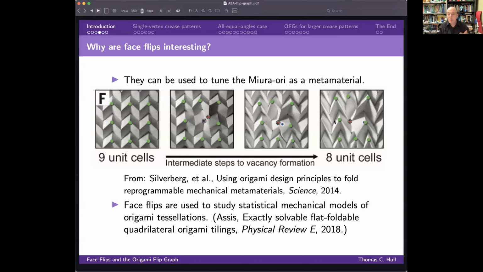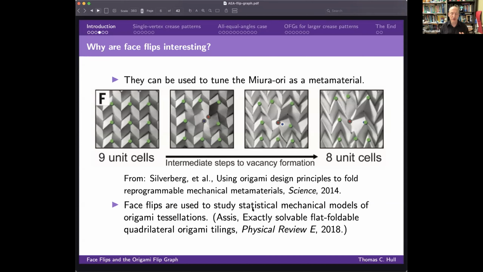So that's one way in which face flips can be used to directly change the mechanical behavior of an origami model. But also there was a paper in 2018 by Michael Assis that uses face flips to study the statistical mechanics of some origami tessellation patterns. And I was surprised to see that, but that's a very nice paper, looking at origami tessellations, like very large origami tessellations with lots and lots of creases, and almost viewing them as a molecular structure.